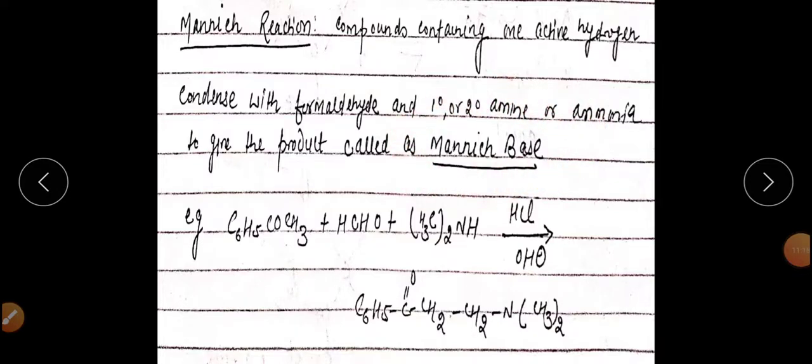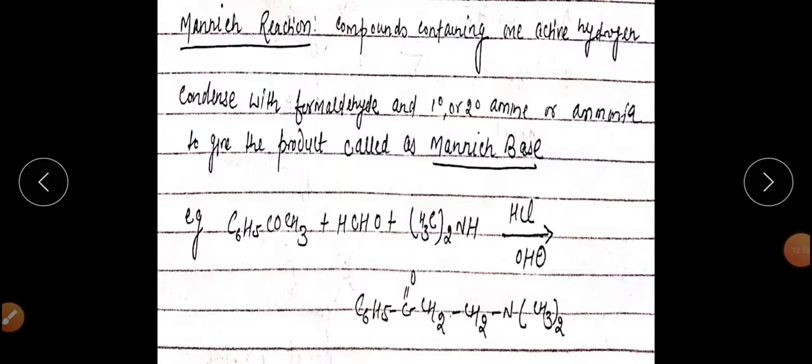For example, this is C6H5COCH3, a particular ketone, and this ketone condenses with formaldehyde and this secondary amine in slightly acidic condition, which on further basification gets converted into this type of product, and this is called the Mannich base.